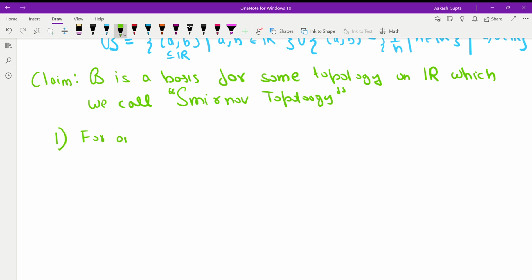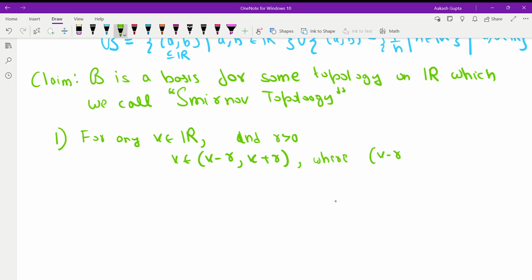For any x in X, what is my X? R here. x belongs to (x minus r, x plus r). You can take some r bigger than 0, any r bigger than 0 in fact. This belongs to this, where the open interval x minus r to x plus r is in script B, right?